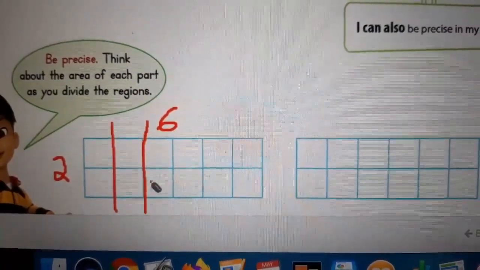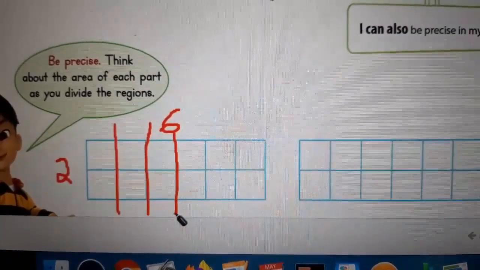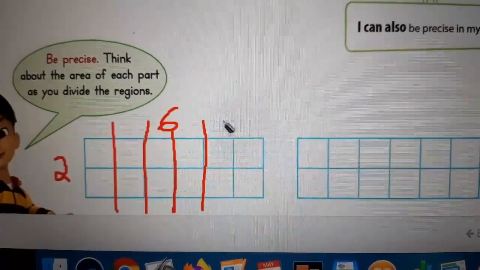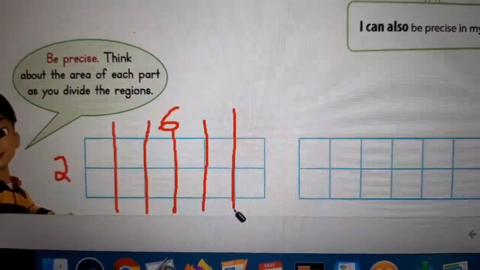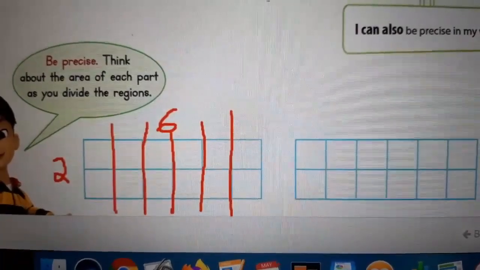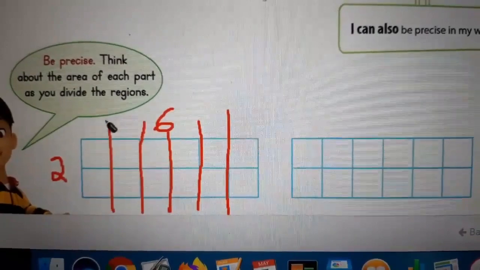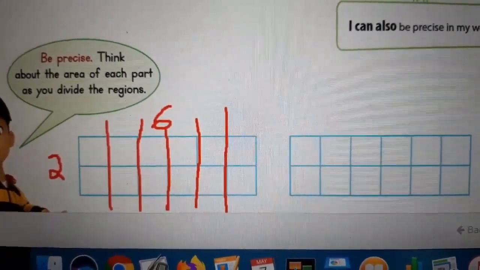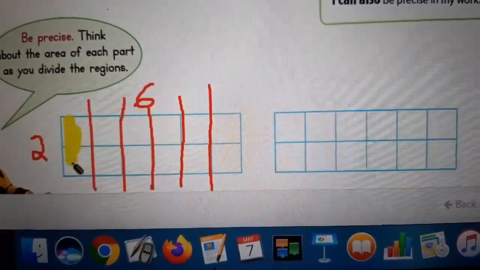2, 3, 4, 5, and then I would have 6 equal parts because this would be 1.